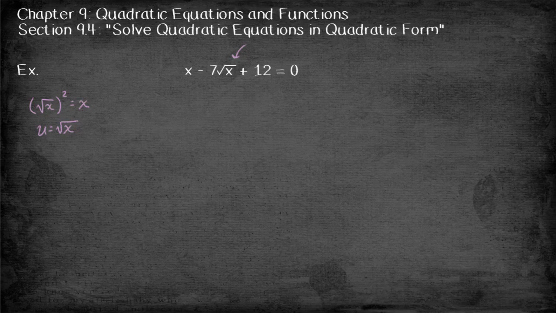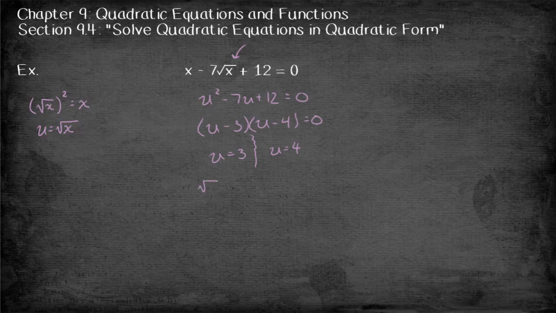So what we want to do is now make our substitution u to be square root of x. And then what we're left with is u squared minus 7u plus 12 equals 0. And hey, that guy factors too. We substitute back to get to our original variable.